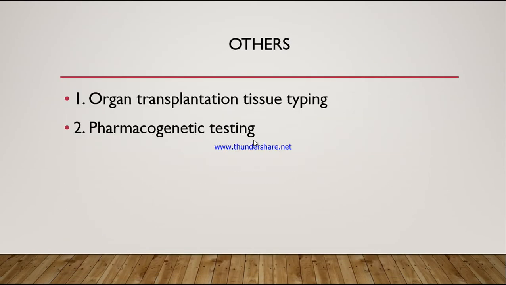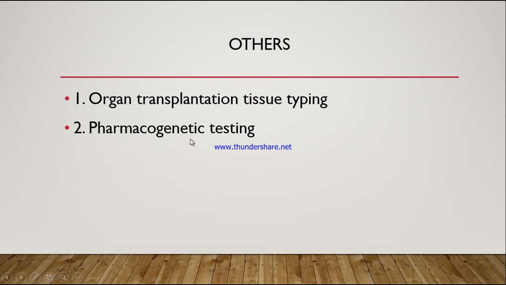There are others also, like organ transplantation tissue typing. Before performing any organ transplantation, in case of liver transplant or heart transplantation, if you want to know whether the donor who is donating his organ has any genetic mutation or genetic disease condition, then this is the type of genetic testing.